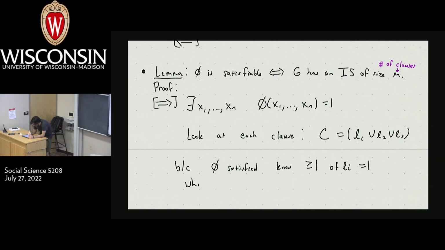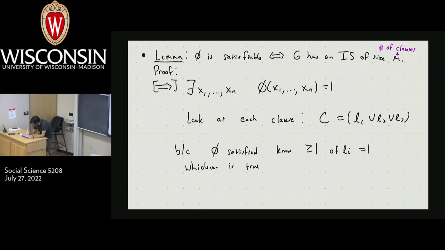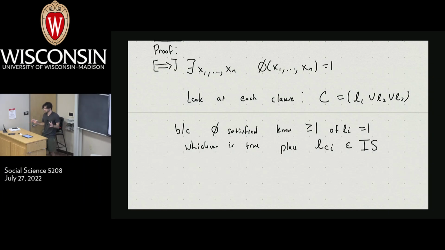So whichever is true, we're going to place L_C,i in the independent set. So remember, for each clause, we have 3 nodes in the triangle.